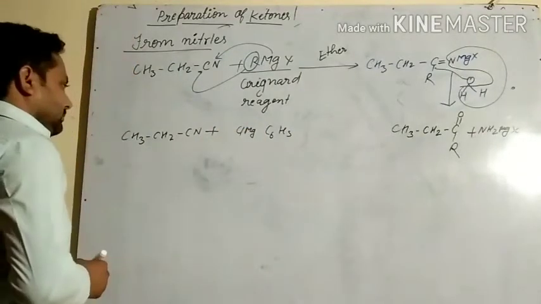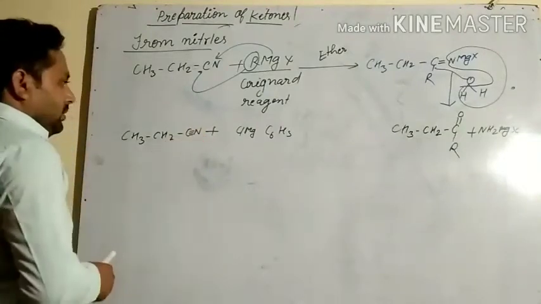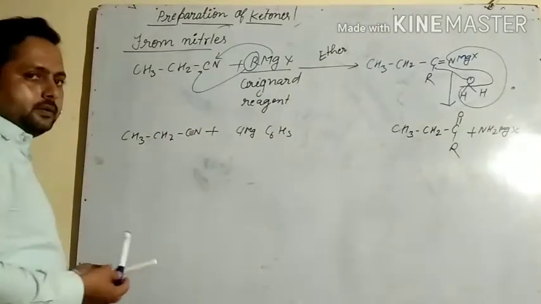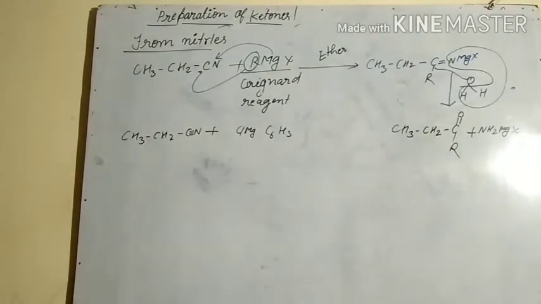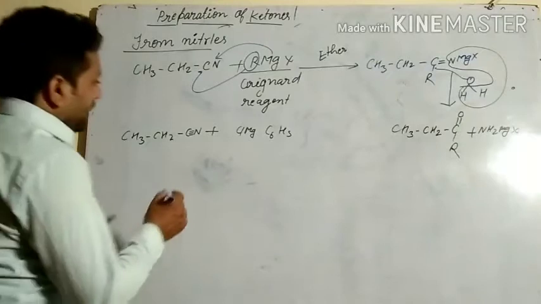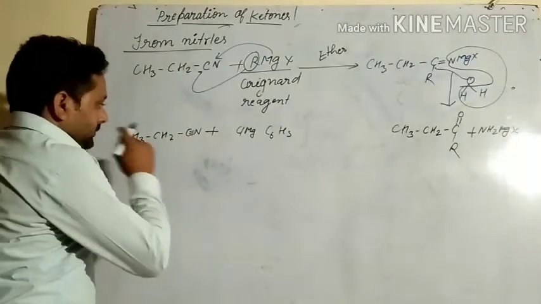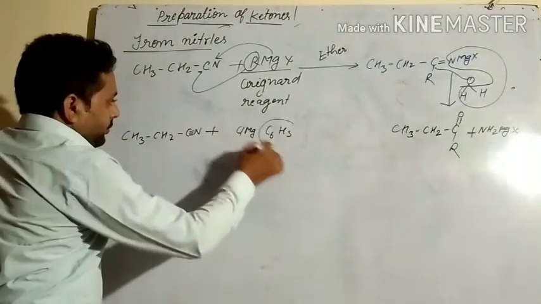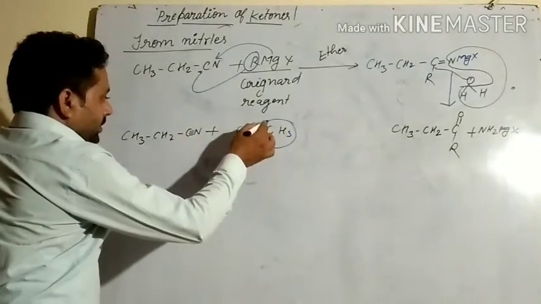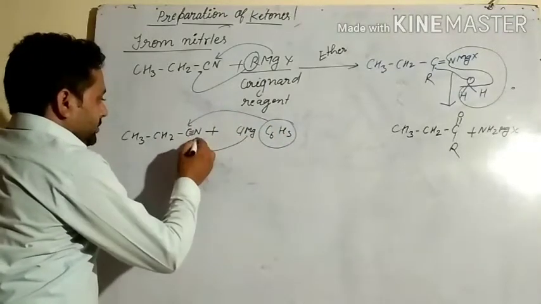MgCl. Here there is a triple bond. So in that, that group goes to carbon and this group to nitrogen.